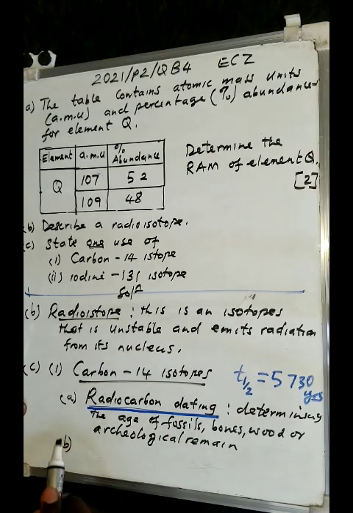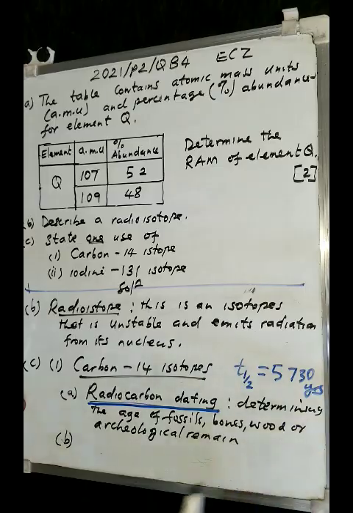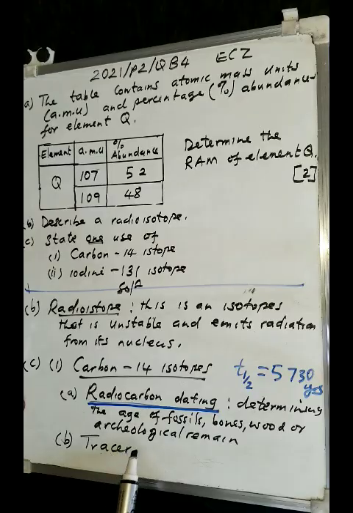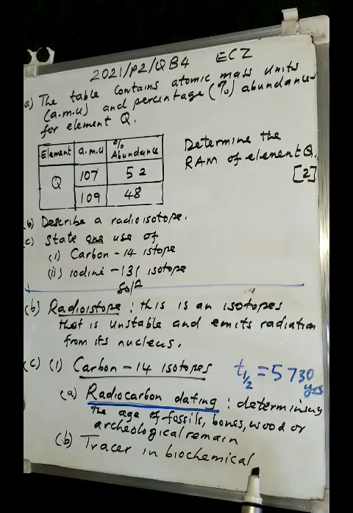Another use of the carbon-14 isotope is as a tracer in biochemical research. What do I mean? Well, sometimes carbon-14 compounds can be used to trace chemical reactions taking place inside a living organism.